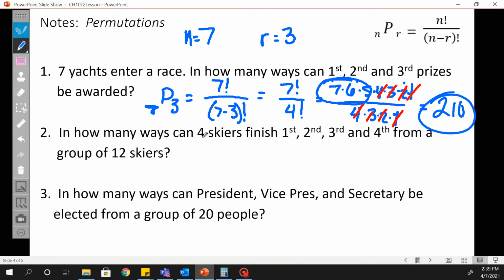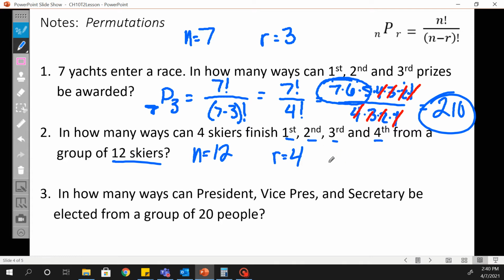Number 2, in how many ways can 4 skiers finish first place, second place, third place, and fourth place from a group of 12 skiers? Well, of course, the number of items I have to work with is 12, but the number of them that I want to arrange is 4. So I want to know how many ways there are to arrange 4 of them out of the 12.